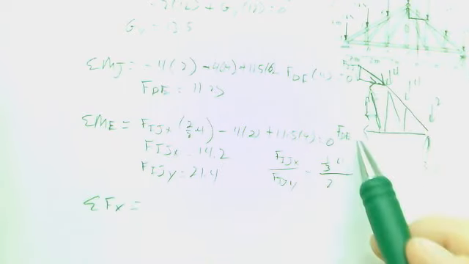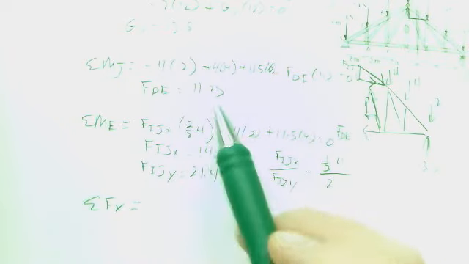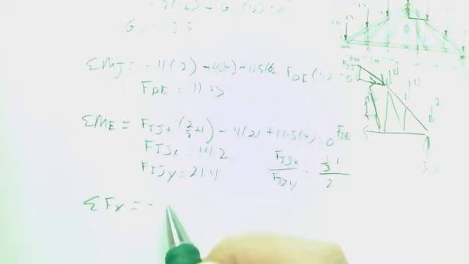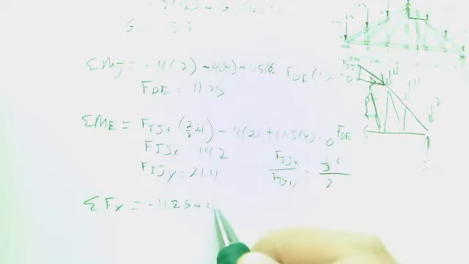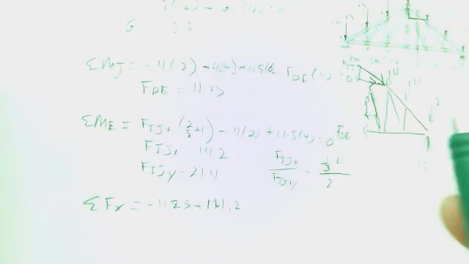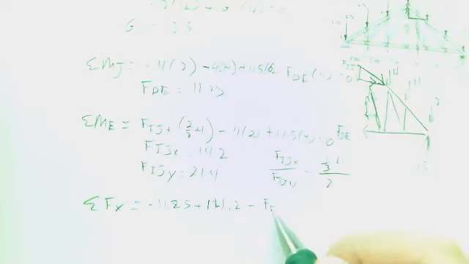FDE is to the left, and that was 11.25, so I've got negative 11.25, and I've got positive 14.2, and I've got negative FEJ in the x direction, and that equals 0.